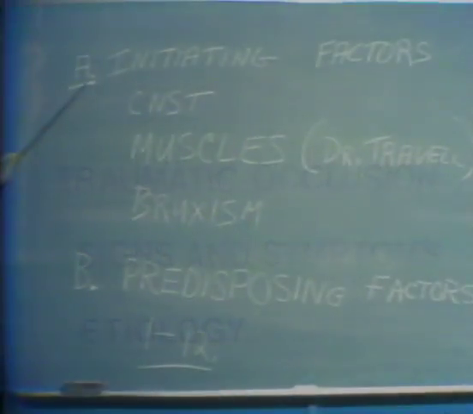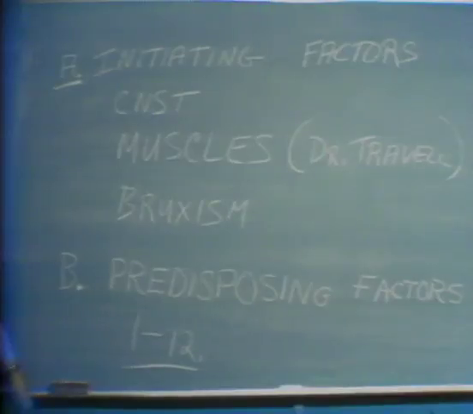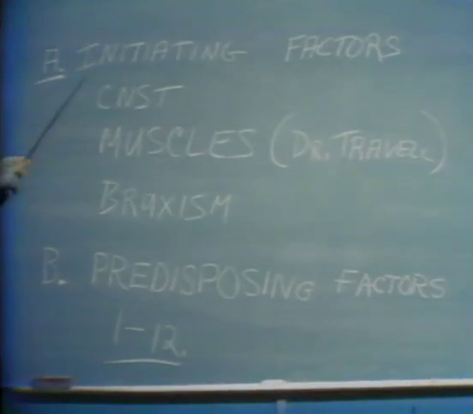If you think about traumatic occlusion, we have various factors which can cause the problem and which can predispose to the problem. First of all, under initiating factors of traumatic occlusion, we have what we have abbreviated here as central nervous system tension.